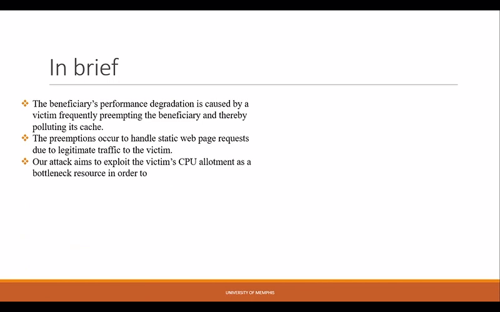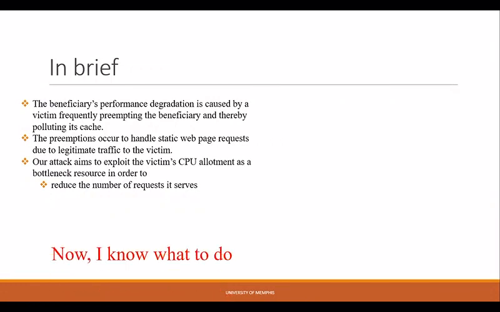So now our attack aims to exploit the victim's CPU allotment as a bottleneck resource in order to reduce the number of requests it serves. We'll be trying to get the victim's CPU usage to go up so that it is only able to serve a small number of requests.